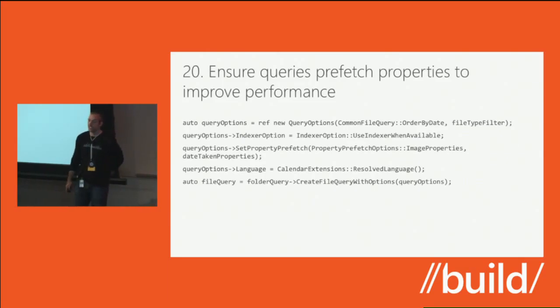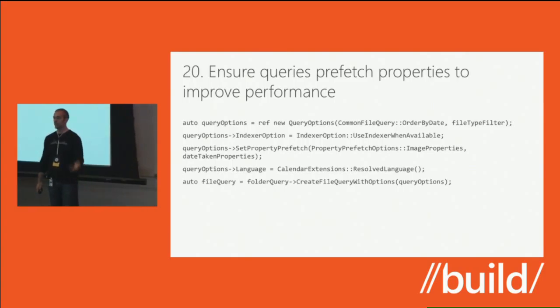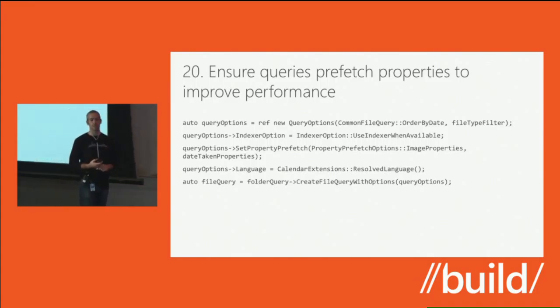But you want to make sure that you get a lot of perf. There's a thing called bulk access queries that you can do, because we were getting a lot of stuff. There's an indexer that you can turn on and off, so that when it's available you will use it. And you only prefetch the things that you care about. We cared about a thumbnail image, the name, and the date, so we only said, give me the things that I care about.